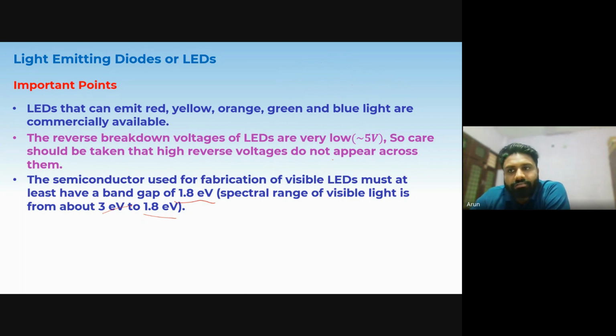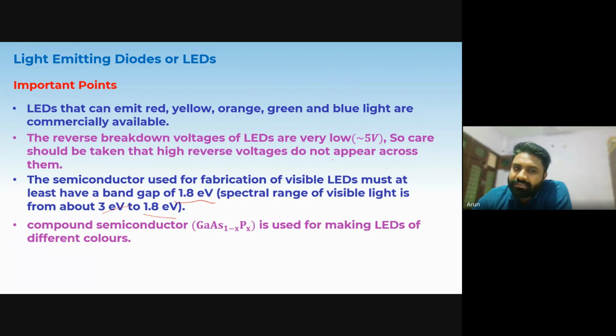When we try to make an LED, the LED is a diode, and a diode is a PN junction semiconductor. So the material that we are using should lie with a band gap of 1.8 electron volt to 3 electron volt.